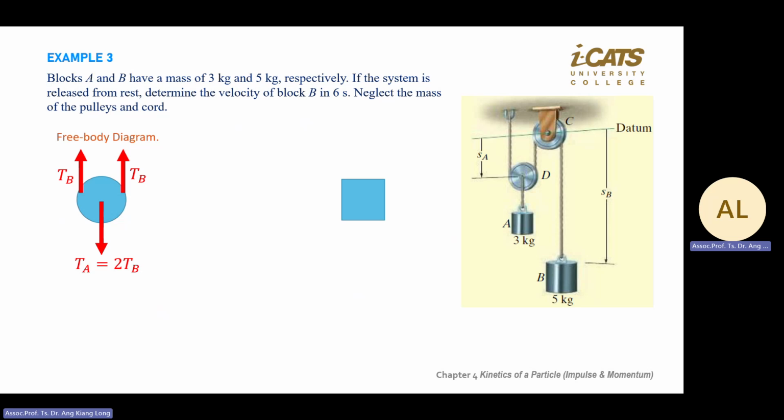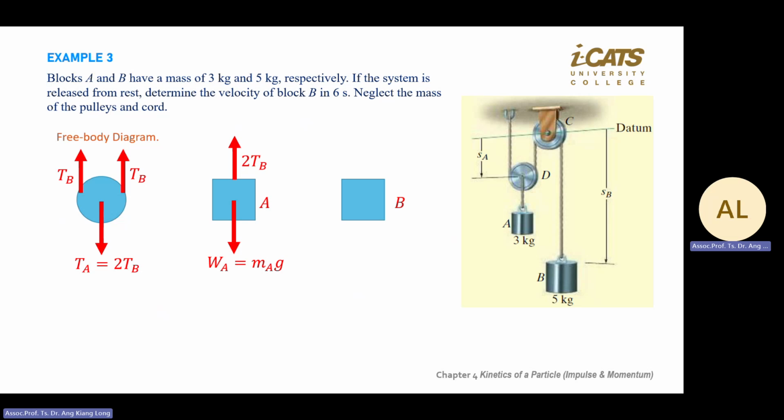And from the diagram, you can calculate the tension of the cable already because it's just a mass. When you have mass, you can calculate W, converting mass into force. Then from there, you can know the tension of the cable. So if you draw the A object, W goes down, and going up is 2 TB.